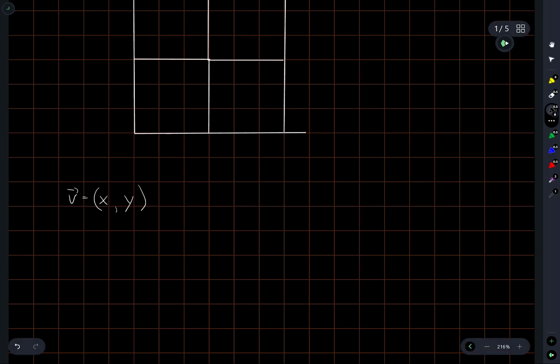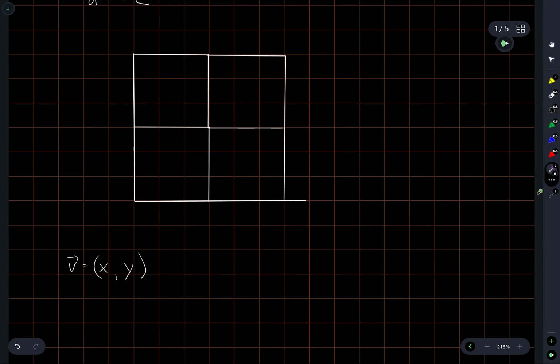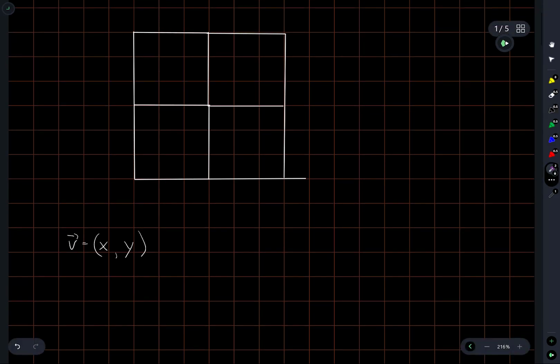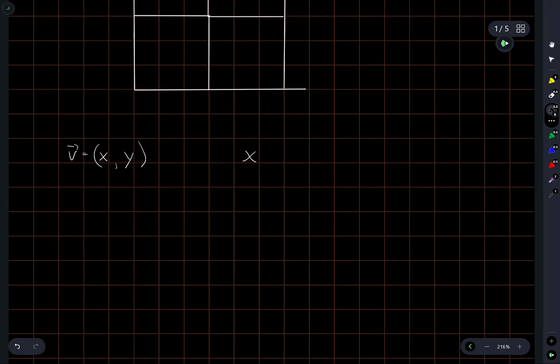And I need to think for a second if it's enough, without loss of generality, to just assume that x and y are uniformly distributed between 0 and L. I think so, right? So x is going to be uniform between 0 and L. Y is also going to be uniform between 0 and L. They'll be independent.